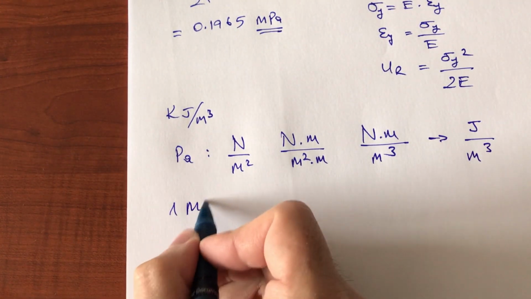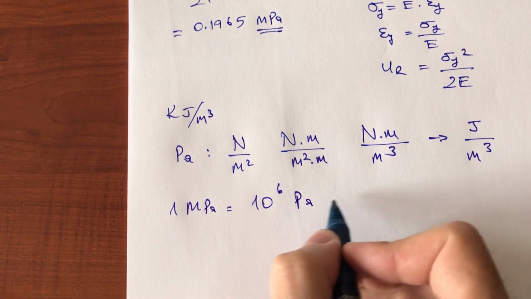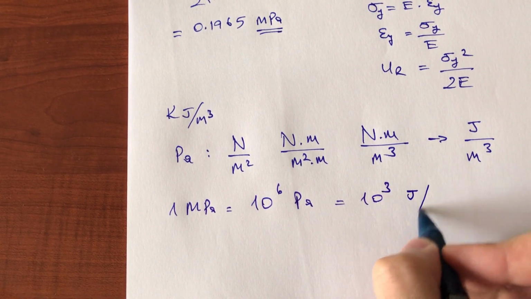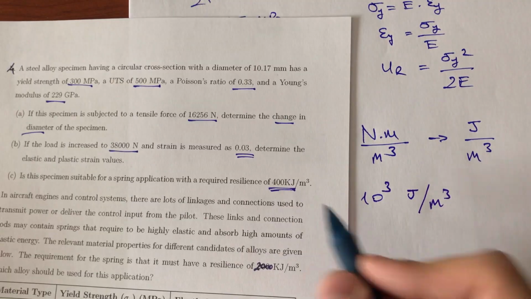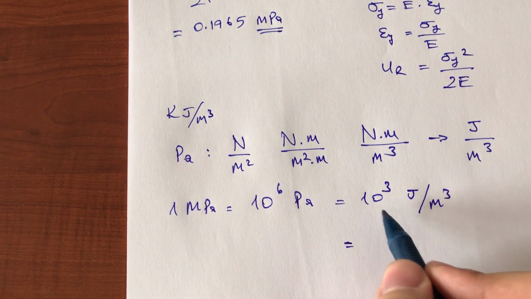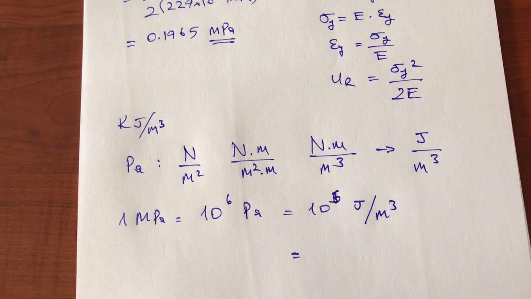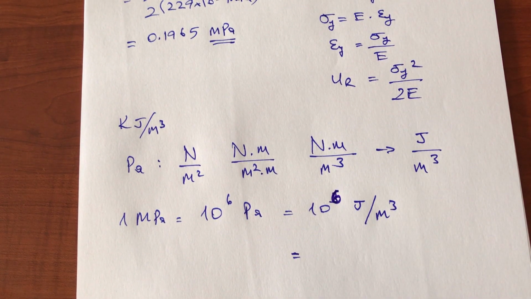Now 1 megapascal is 10 to the power 6 pascals, which is 10 to the power 6 joules per meter cube.